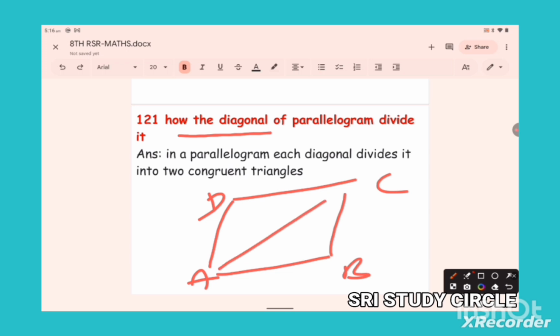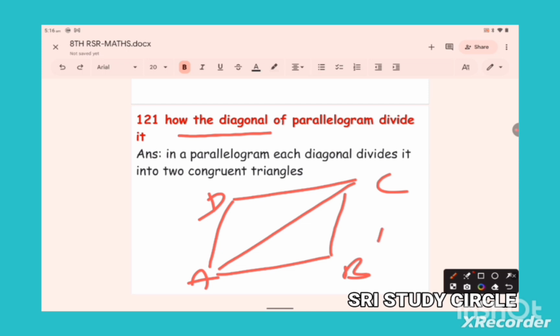Take one diagonal AC. Here the diagonal AC of a parallelogram ABCD divides it into two triangles. These two triangles are congruent to each other. That means a diagonal of a parallelogram divides it into two equal triangles, or two congruent triangles.